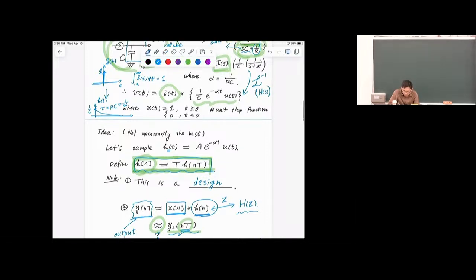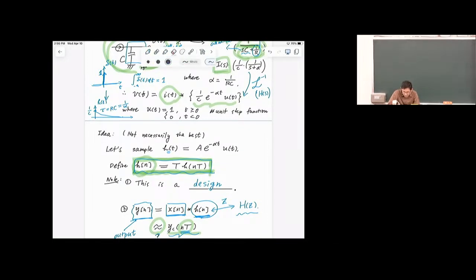So let me improve my notation. Okay, here maybe I should put C right here. Okay, let's say h continuous of t is like that. It is our desired impulse response, and we are going to sample it so that becomes the sequence. Okay, let's sample our analog response, and the resulting discrete response is denoted as h of n.